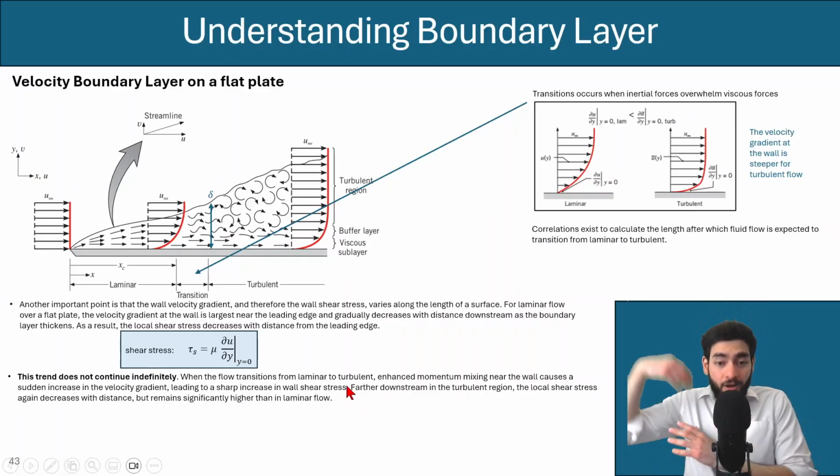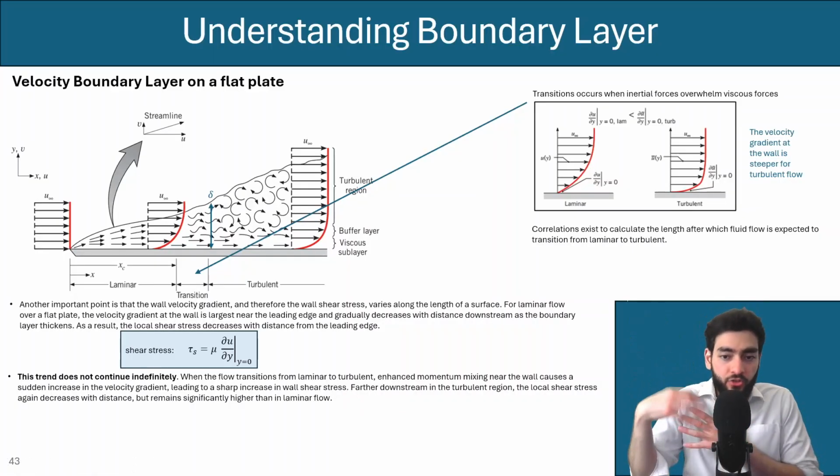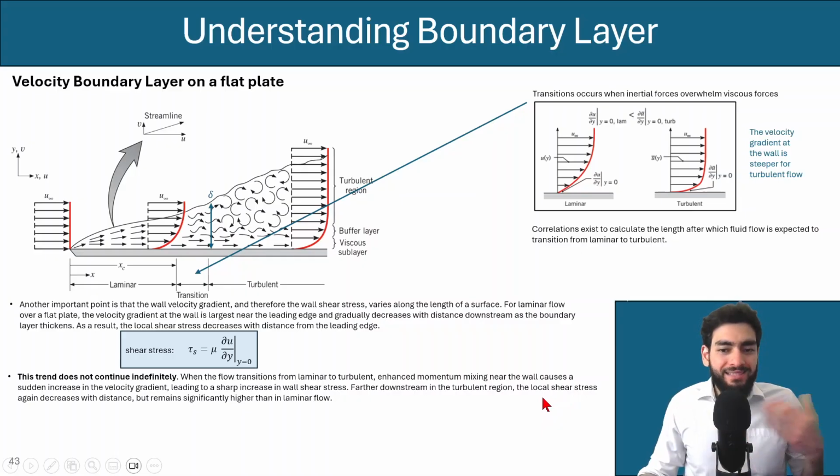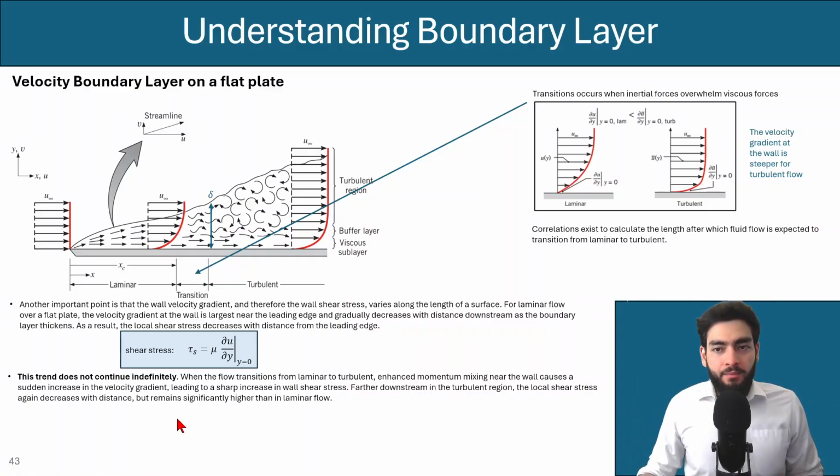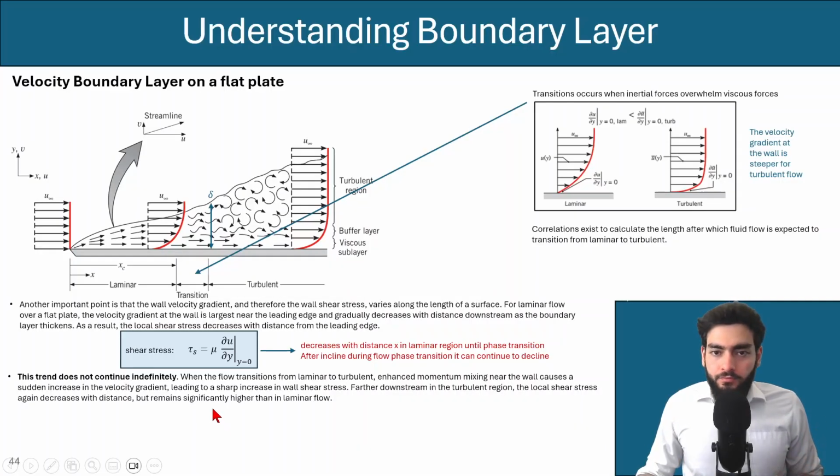Now, farther downstream in the turbulent region, you have that same trend where the local shear stress again starts decreasing with distance, but remains significantly higher than in laminar flow. And I'll show you an example actually.